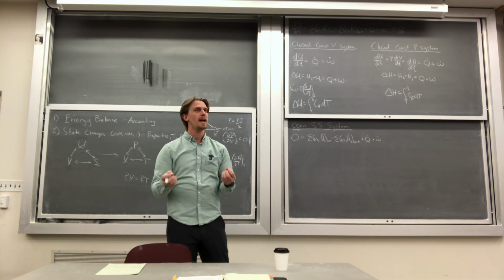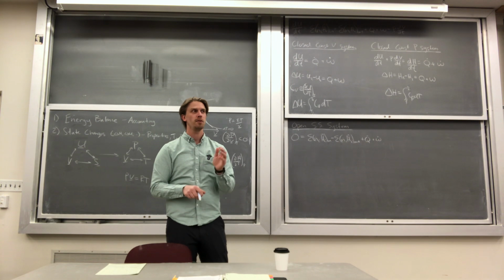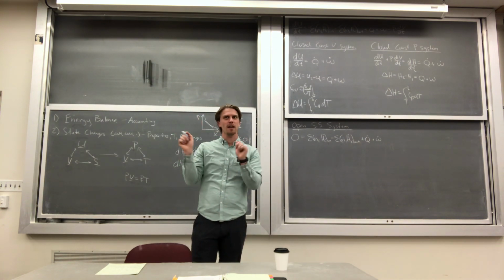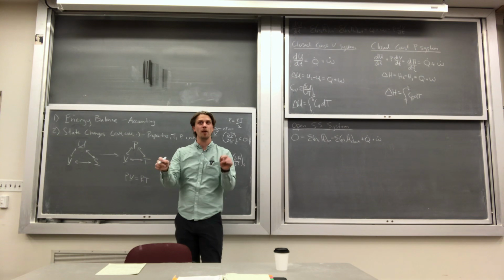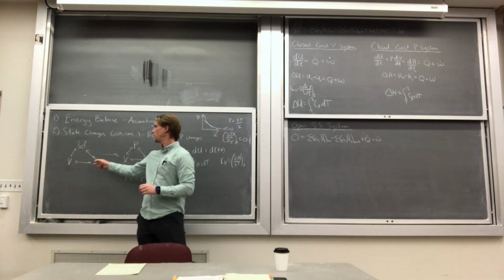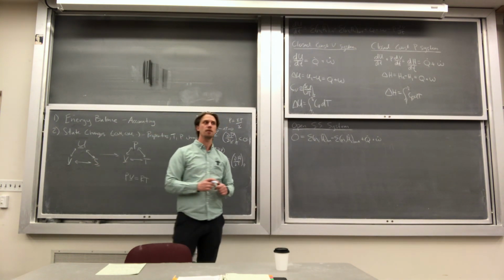If I mix two gases together, do you guys remember the delta H, delta S of mixing equation? Negative summation x_i ln x_i, right? I am generating entropy when I do a mixing process. That changes the state, right? If I'm changing the entropy, well, I'm certainly changing the state of the system, right?